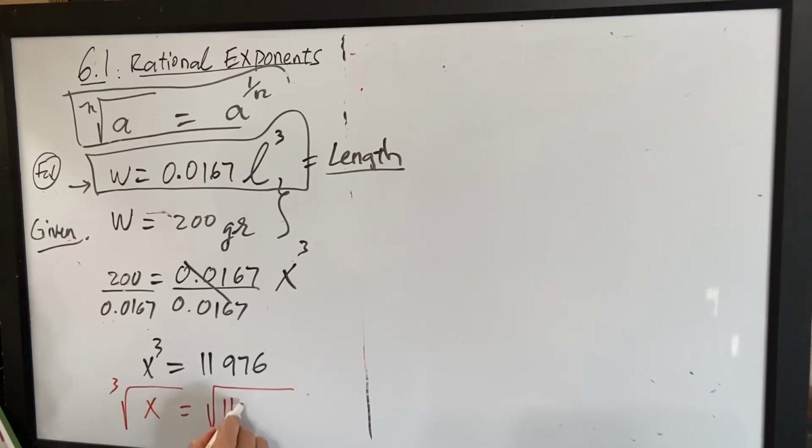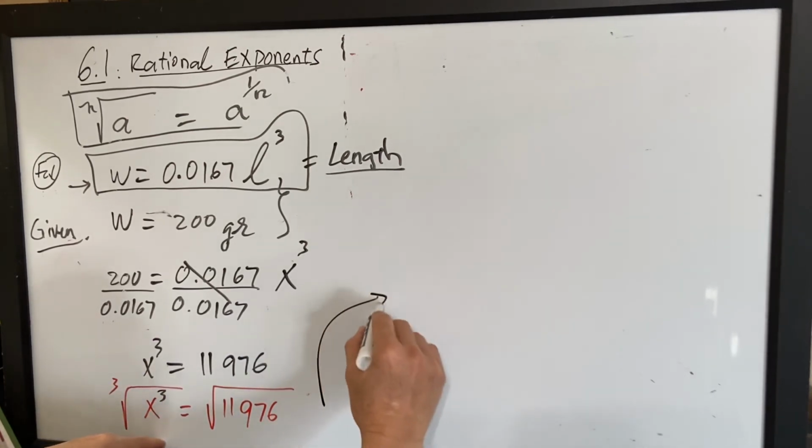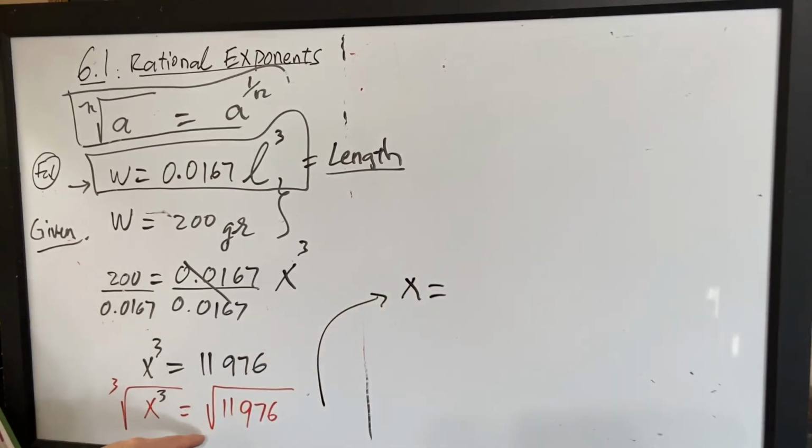Use red ink. Looks scary. So there we go. By doing that, my x to the third power disappeared. What I have right now is just x. Careful, a lot of students forget to put the 3 right there, including me.